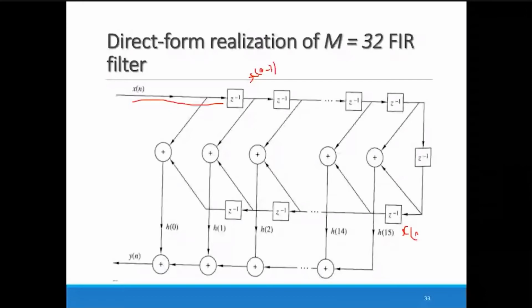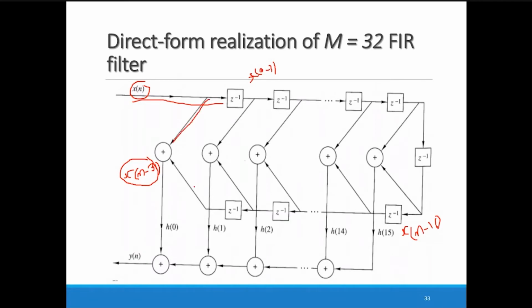Here the advantage is that the structure is designed in such a way that for the symmetrical filter you require half the number of multiplications compared to the direct implementation. Here x of n is multiplied with the h0 coefficient, and as we know this is a symmetrical filter, the n minus 31 coefficient has the same value.